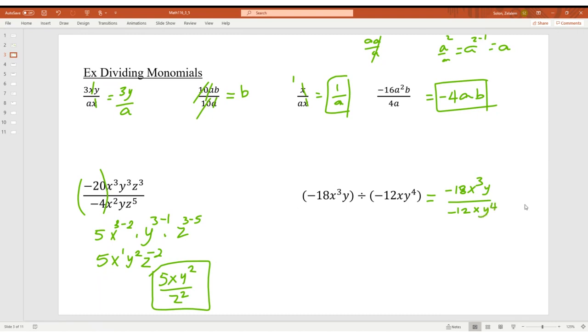Now simplify the number and reduce the fraction, simplify the variables, and write the answer with a positive exponent. What do you think is the answer for this one? We still have 2 minutes.